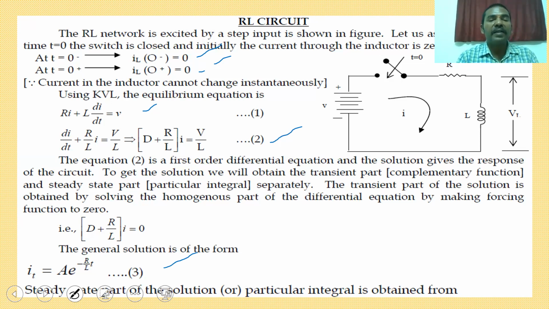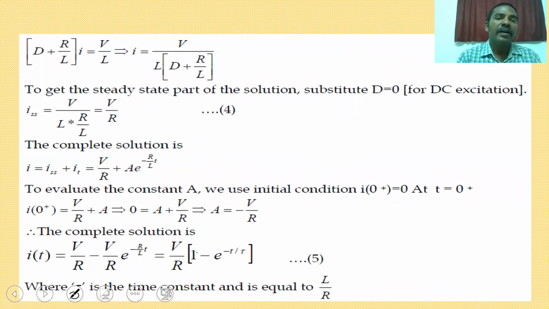For finding the particular integral, we take D plus R by L into I equal to V by L, or I is equal to V divided by L into D plus R by L. Here L is a fixed value.